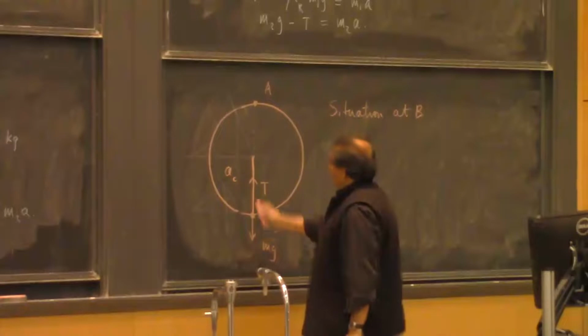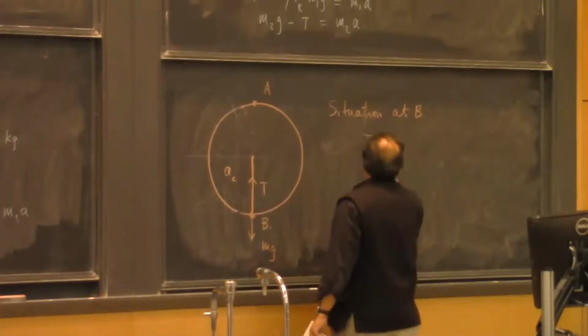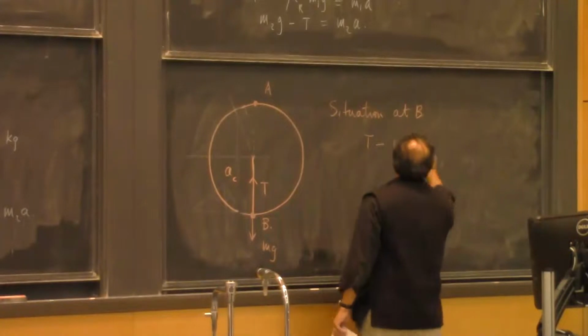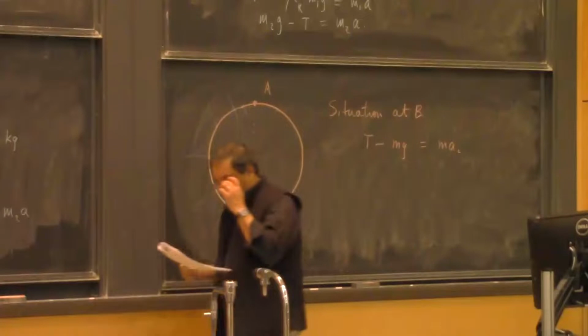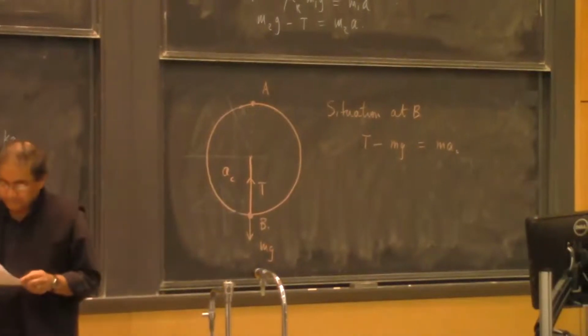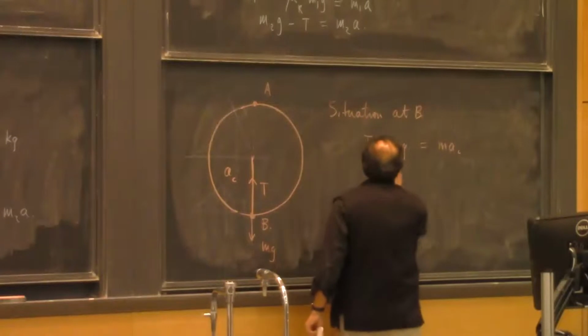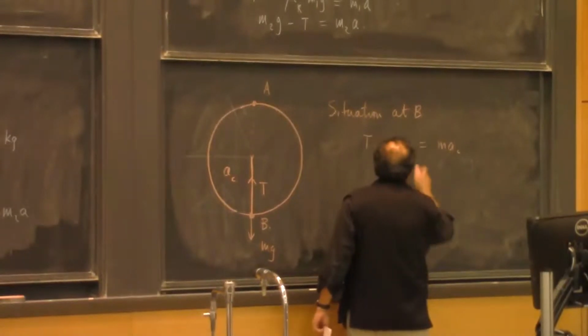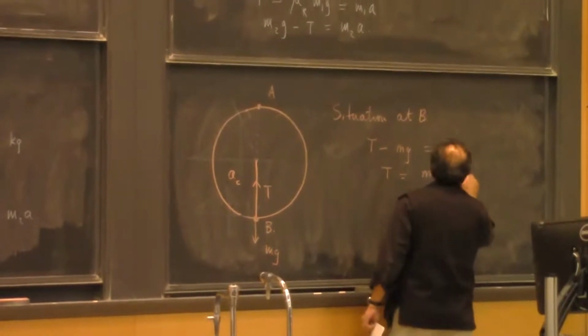Since eventually the resulting force is inward, I will write T minus mg equals m a_c, which is my centripetal force. Which means that if I were to calculate how much tension will be involved, if I take mg to the other side, it will be m times (g plus a_c).